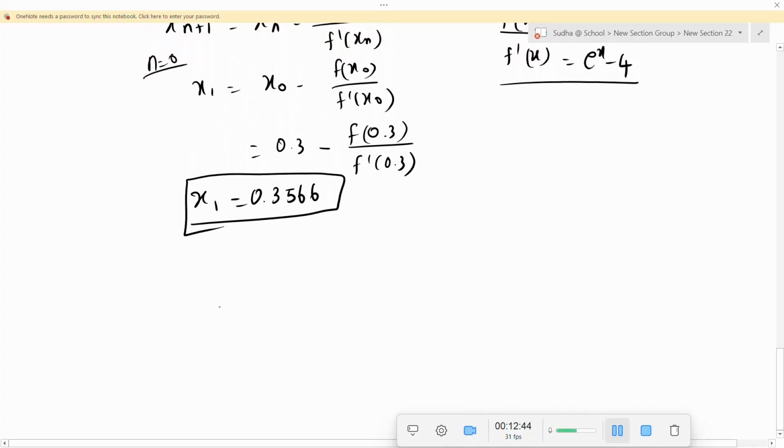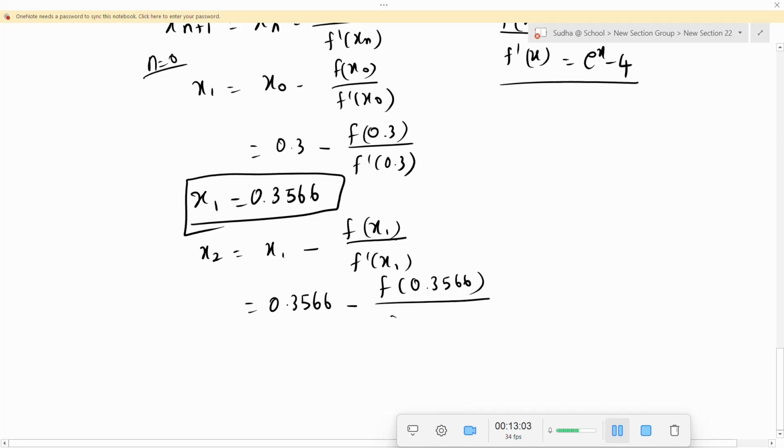Next, find out x2. So x2 equal to x1 minus f of x1 divided by f dash of x1. So x1 is 0.3566 minus f of 0.3566 divided by f dash of 0.3566.